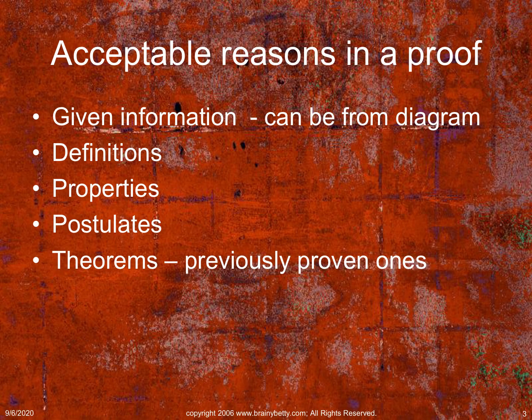So the next slide, these are all acceptable reasons in a proof. So when you have your given information, the reason will be given, but the given could be spelled out for you, or you could be pulling the given information from the diagram.